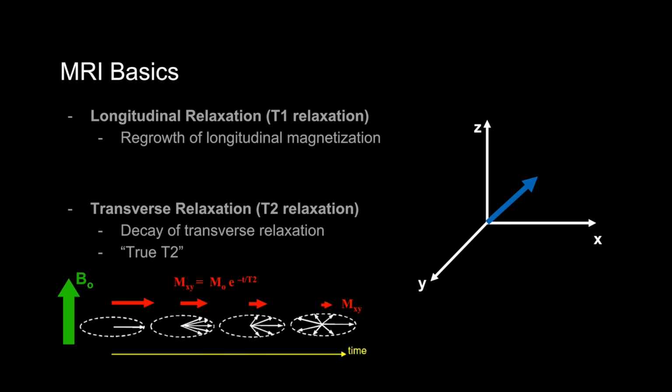In this diagram we have here, we have the z-axis pointing upwards, and that's again the magnetic field direction. And over here we have the XY plane that's flat. And early on we have a single line here that represents all of the precessing molecules in sync. And the red line here is the net magnetization vector that shows full signal at the beginning here.